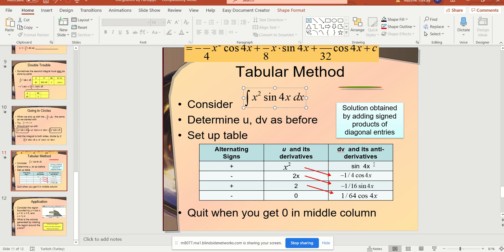In this other part, we don't write dx in the tabular method. We just write what is left after taking u. Sin 4x is left, so I write sin 4x here and start taking its integral. I take the integral of sin 4x, it becomes this. I take one more integral, it becomes this, and one more.